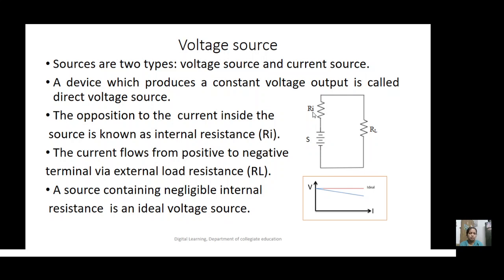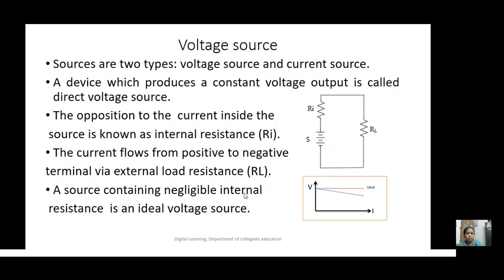Internal resistance means the opposition to the current inside the source. Current flows whenever there is a closed path. The conventional direction of current is from the positive of the battery to the negative of the battery through the external resistance.